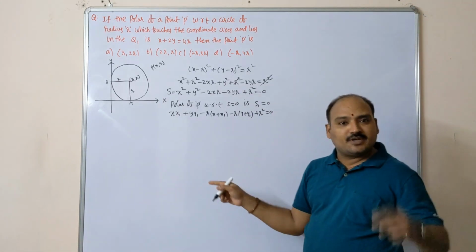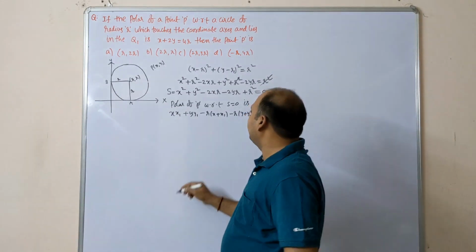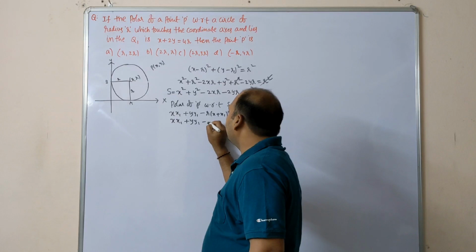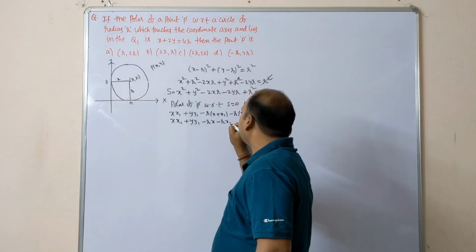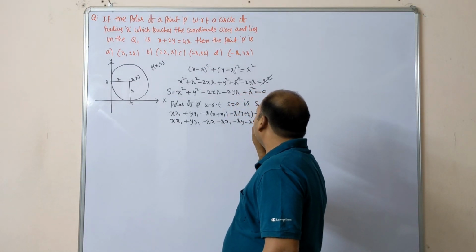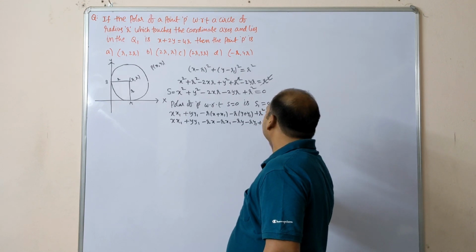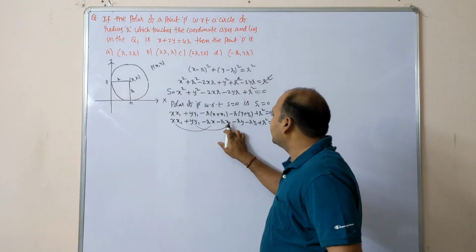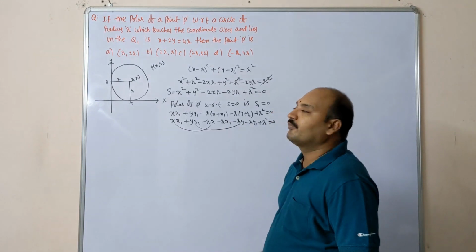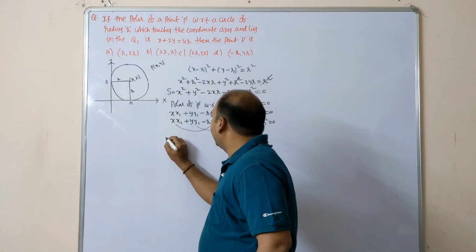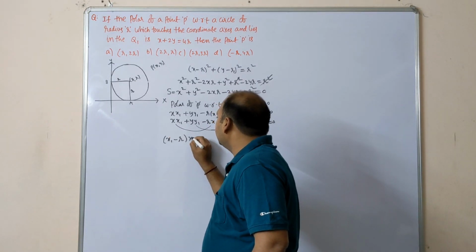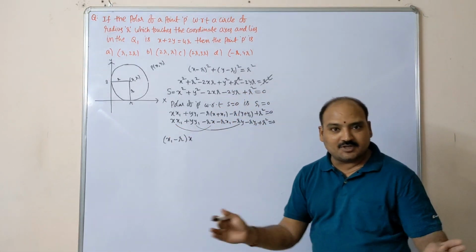This equation you have to write in the form of ax plus by plus c. First simplify: xx1 plus yy1 minus rx minus rx1 minus ry minus ry1 plus r squared equal to 0. From these two x take common, from these two y take common. So x1 minus r into x, from these two x I am taking common.